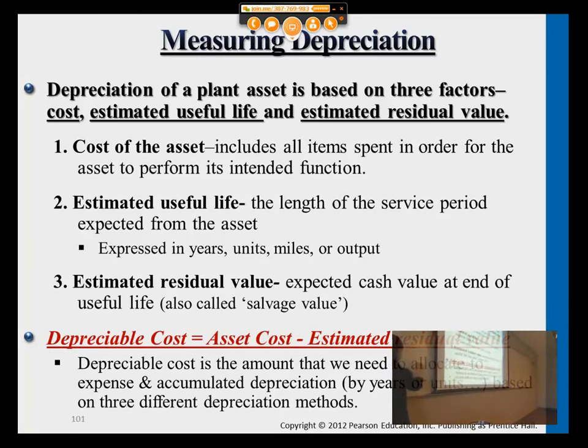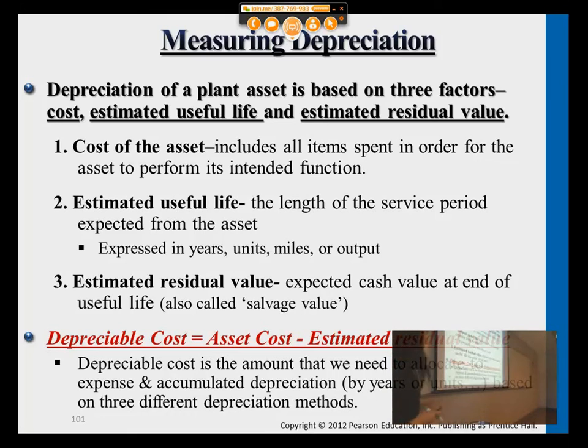So meaning that if an asset's purchase price is $40,000, and let's say the estimated residual value is $1,000, then we only depreciate $39,000. This is the depreciable cost. And we spread this along, let's say, 10 years, then we divide it by 10. If it's 5 years, we divide it by 5. So we only depreciate this part along the years.